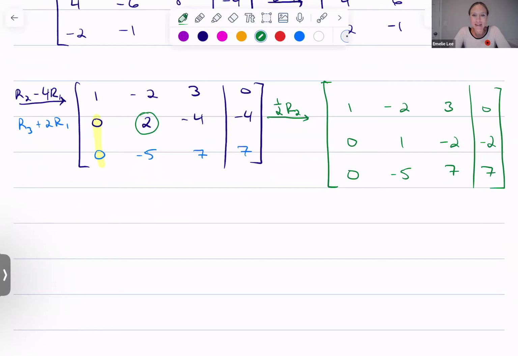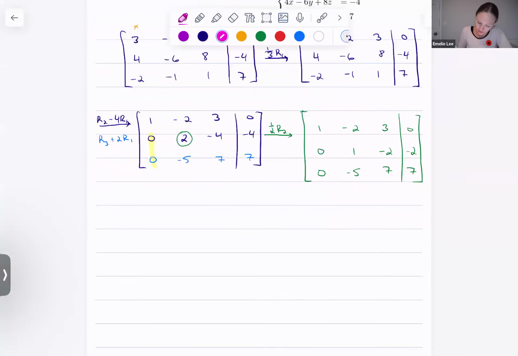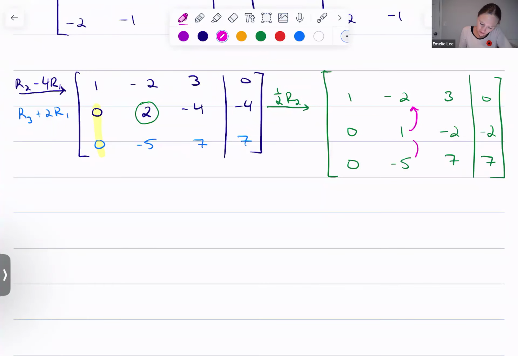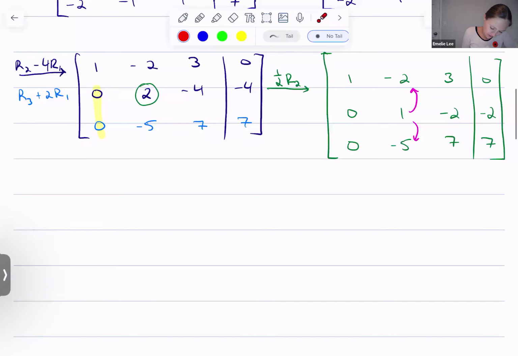Okay. Now we need to, it zoomed in on me. There. We need to use that 1 to eliminate the y coefficients in the other two rows. And because I can manipulate row 1 individually and it doesn't affect row 3, and I can again manipulate row 3 without affecting any of the other rows, I am going to do them in the same maneuver, just like we did earlier.